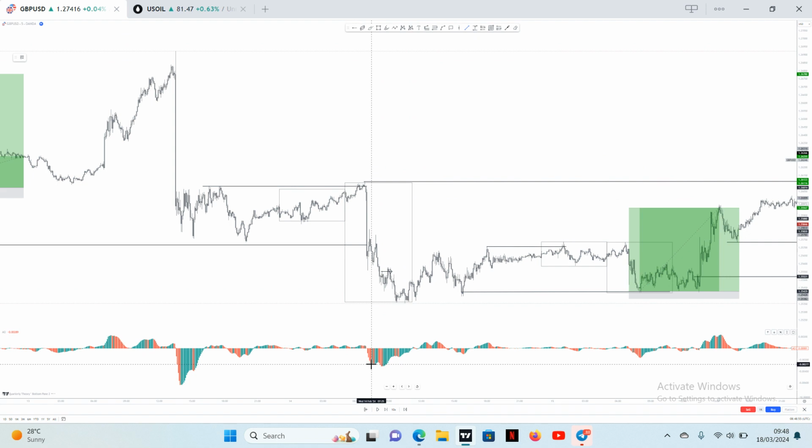So this is already a clear indication that the volume to the downside is still high. Price has made a lower low, and the volume itself has made a lower low also. So the volume is still showing us that no, we shouldn't be getting in on this trade at this point.